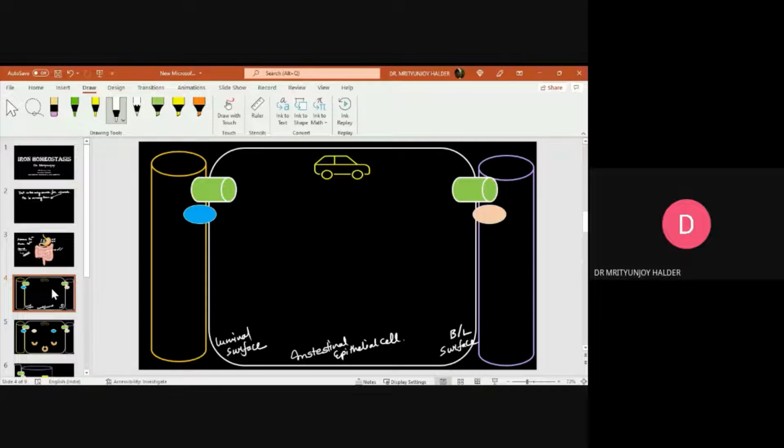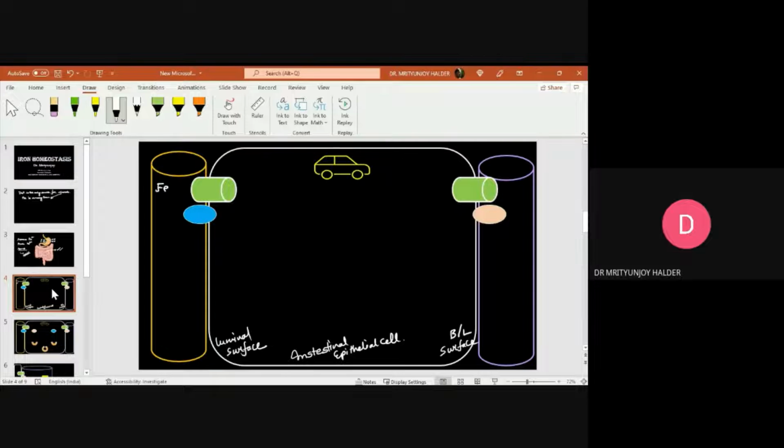Basal and lateral surface together are called basolateral surface. From this surface, absorption into the blood circulation will take place. So in the first part, we will learn only how the dietary iron is absorbed. So we will now concentrate here on the GI tract.